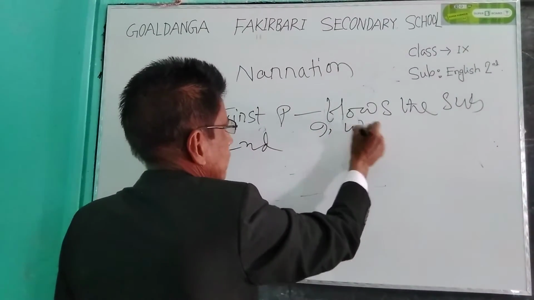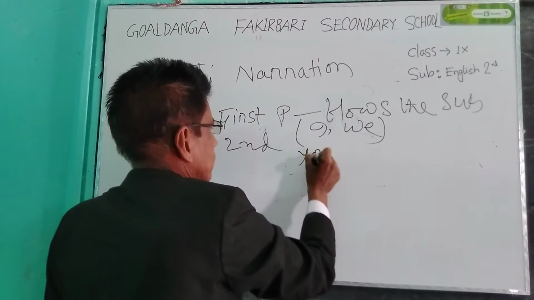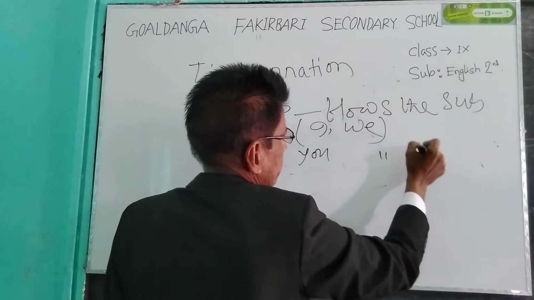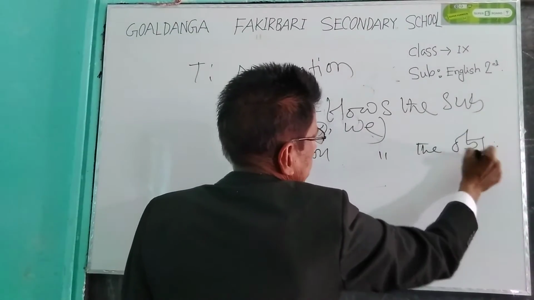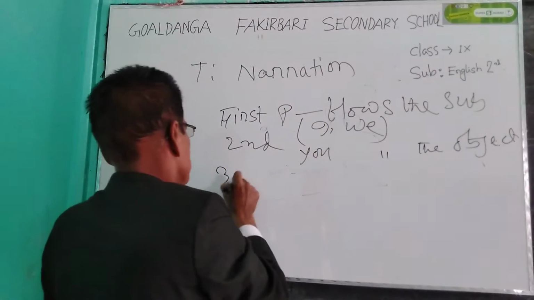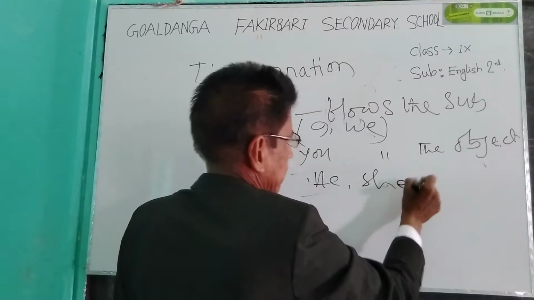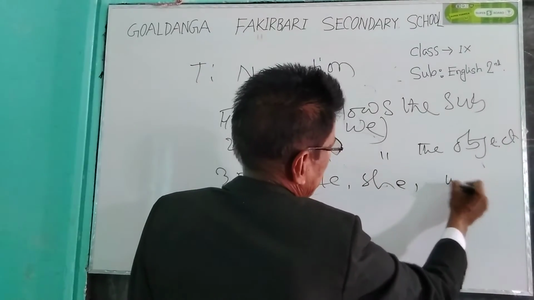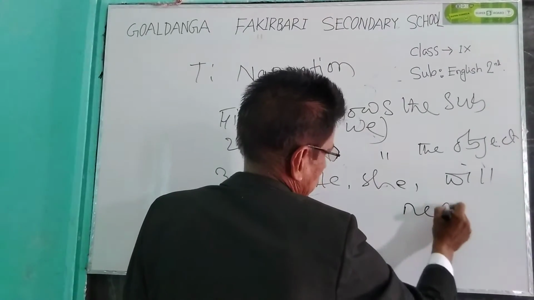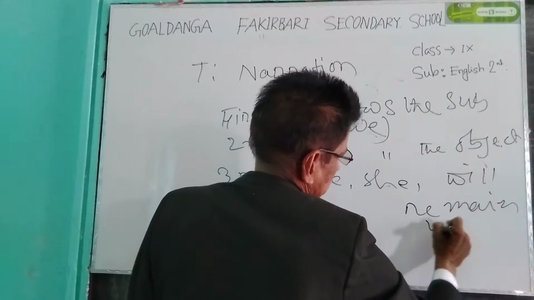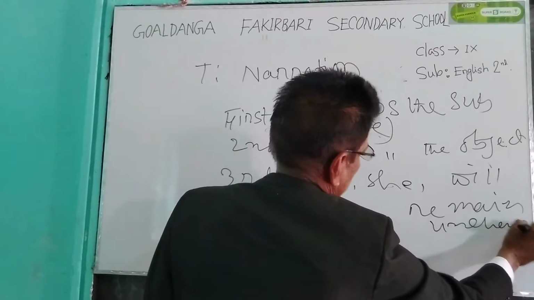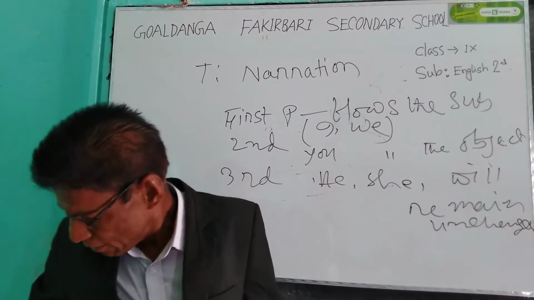First person: I, we. Second person: you. Third person: he, she, it, a name. It will remain as it is. Okay, understand my point? Okay.